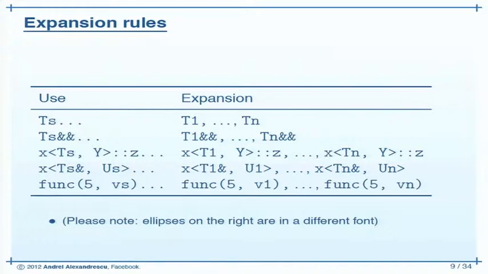Beautiful. So we start with a qualified type with adornments star, ampersand, double ampersand, and it's going to expand very nicely as expected.